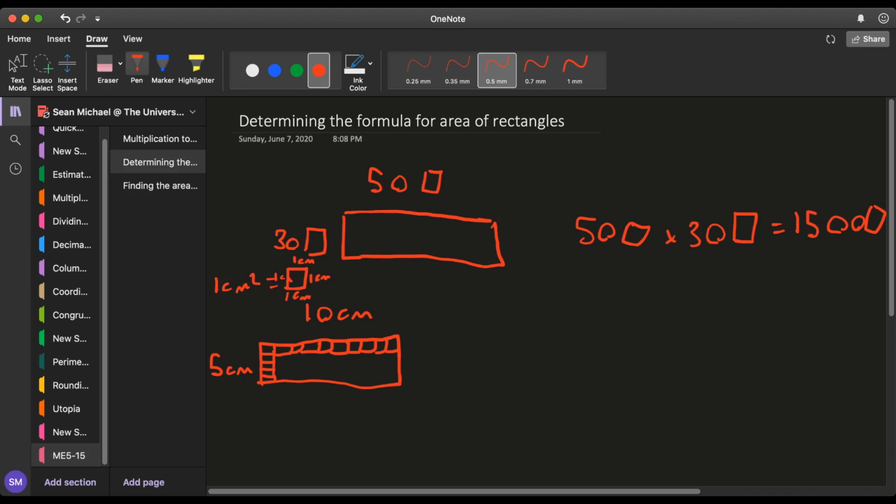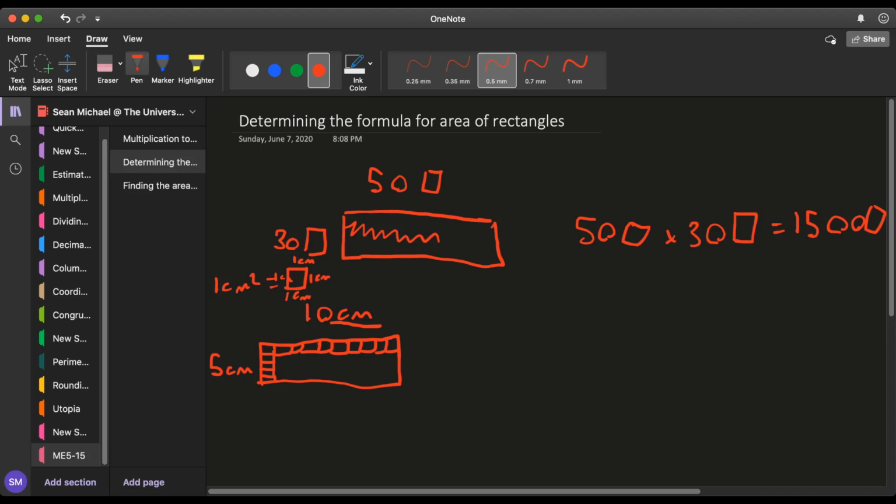So remember, length is measured just in regular old centimeters, and area, which is what fills in the shape, is measured in centimeters squared, or squared units. So it could be meters squared or kilometers squared or whatnot, but the regular unit measures length, the squared unit measures area.